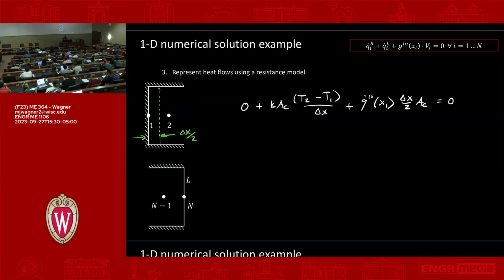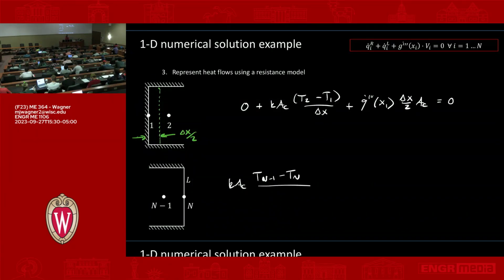Okay, so we have now n minus 1 equations. We just added another equation for node T1. What about this last one? We can do the same thing. Coming in from the left, we have conduction from n minus 1, so that's k A_C, T_(n-1) minus T_n.